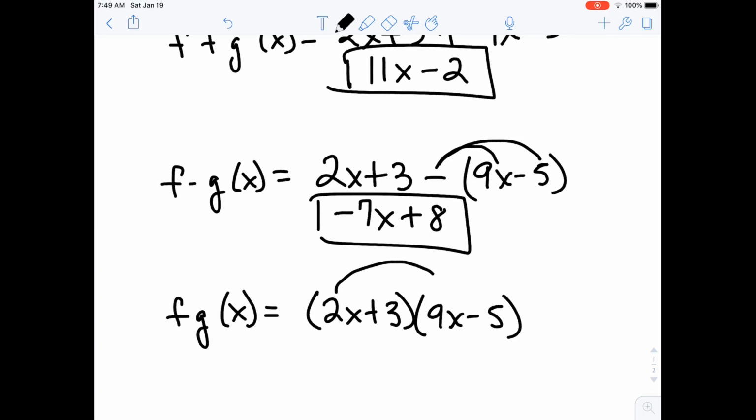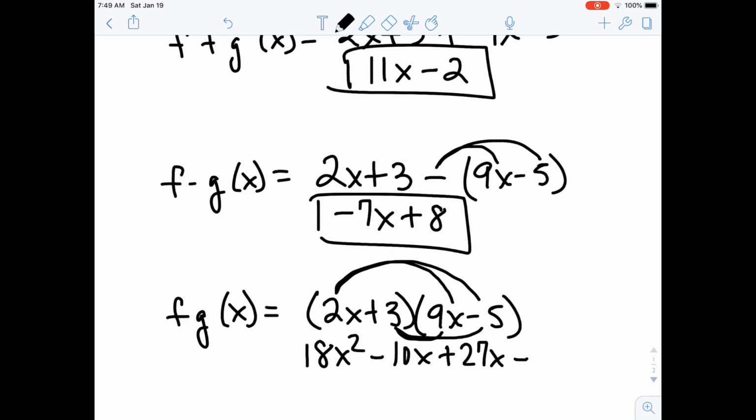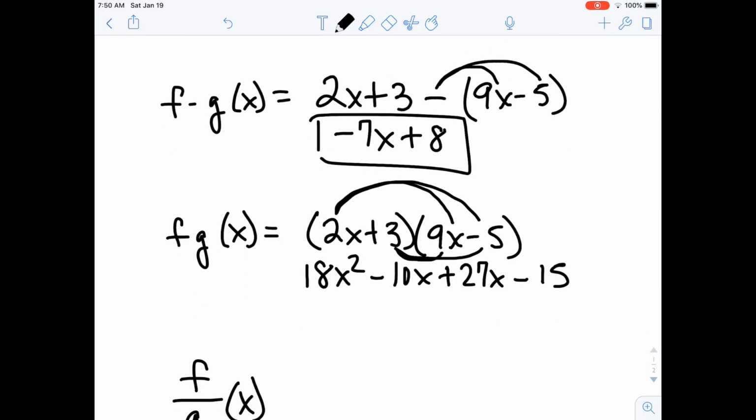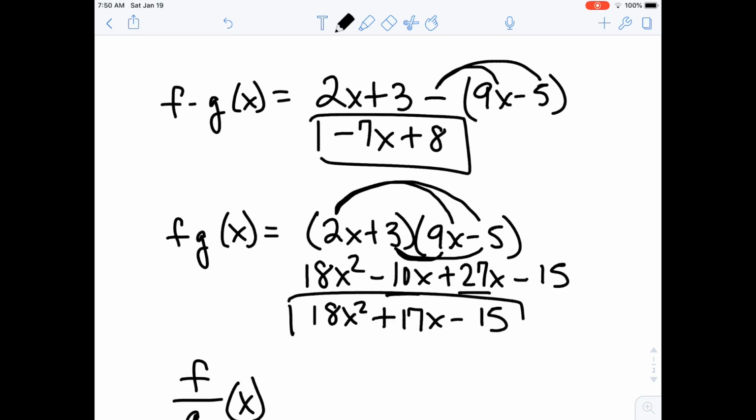So 9 times 2 is 18x squared, and then 2x times negative 5 would be minus 10x, and then 3 times 9 is plus 27x, and then 3 times negative 5 is minus 15. Now we combine like terms. We can combine these two. So you have 18x squared plus 17x minus 15, and that's your answer.